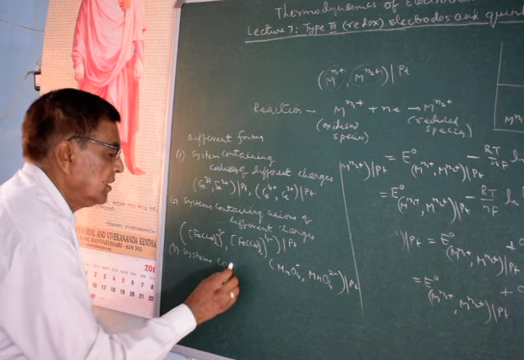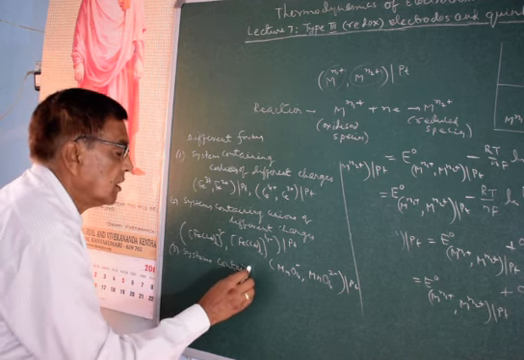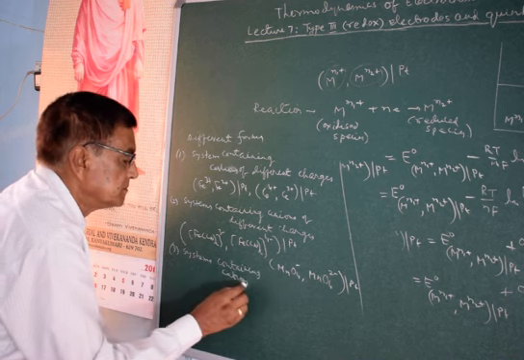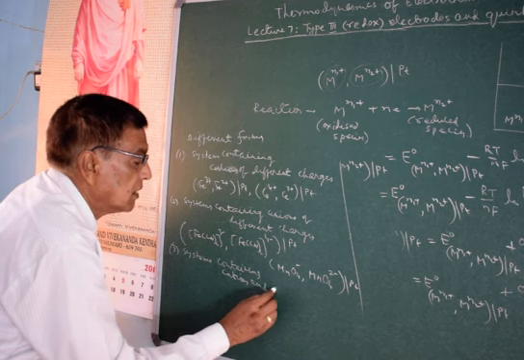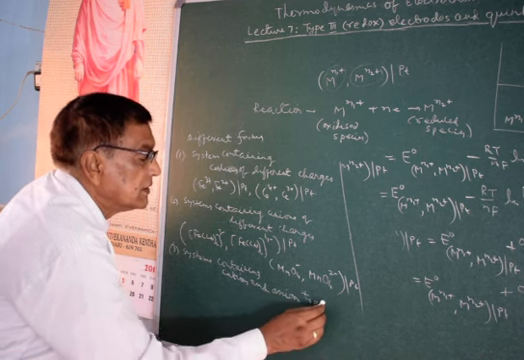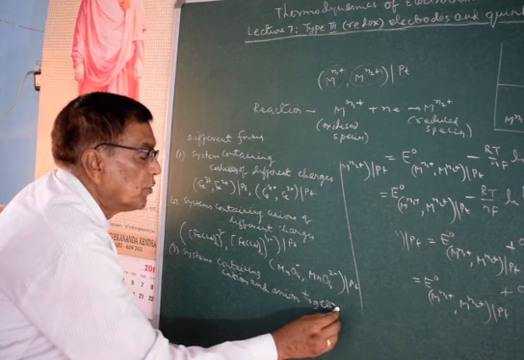The third is systems containing cation and anion together. This is also possible.